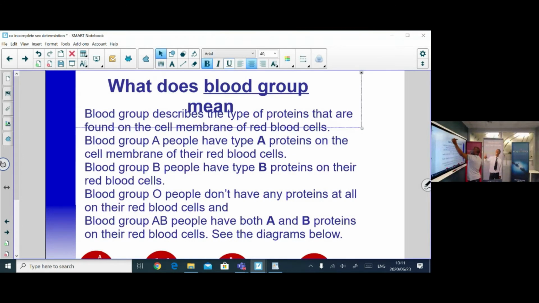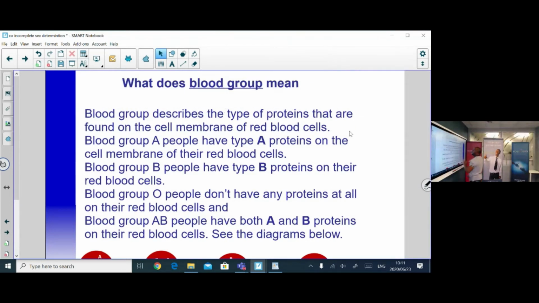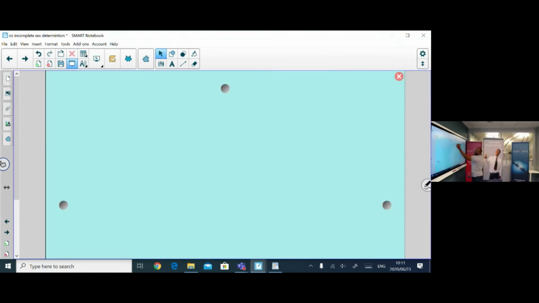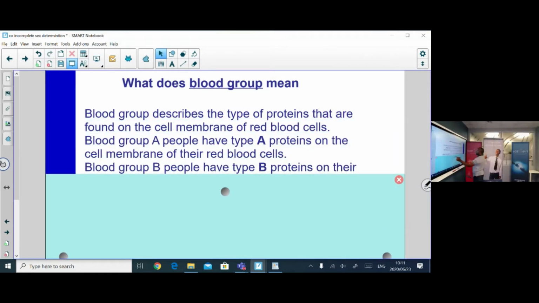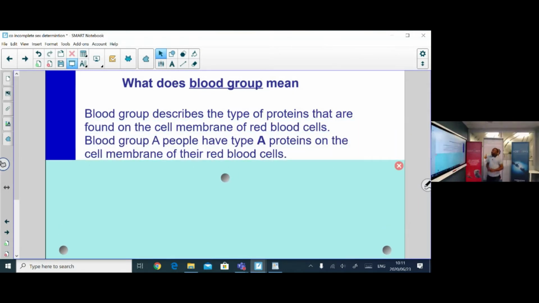Here is an explanation. Like I said yesterday, we need to have a good understanding of what exactly blood groups are. How do they come about? Blood group describes the type of proteins that are found on the cell membrane of red blood cells.